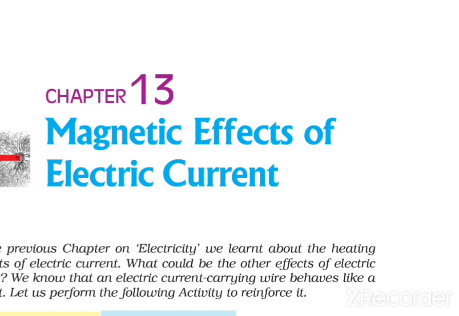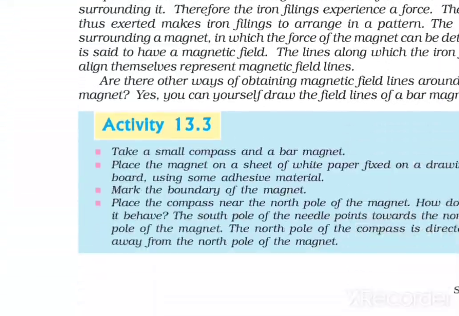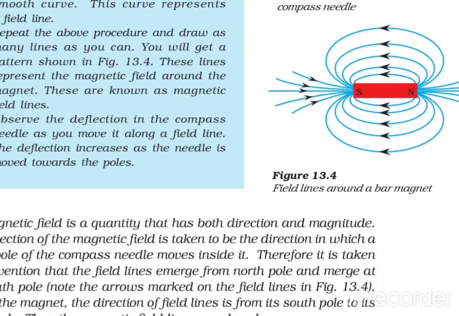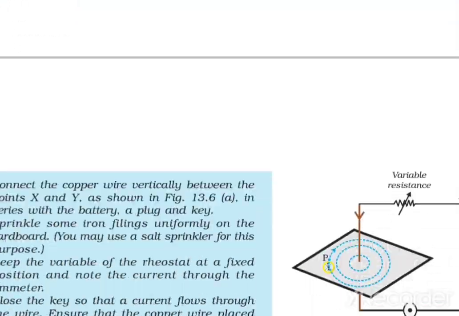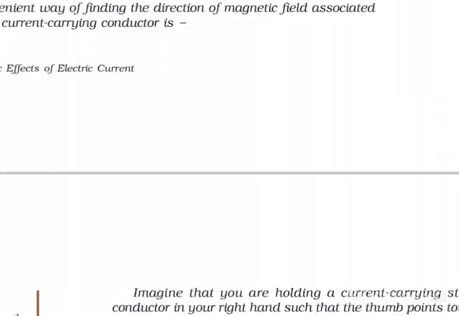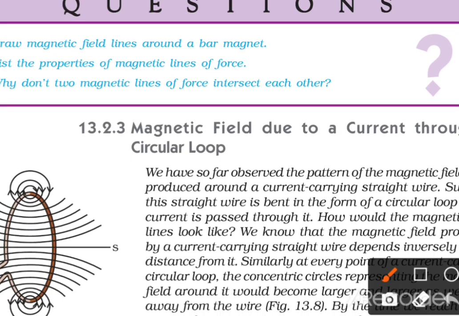Take your science book and open chapter number 13, magnetic effects of electric current, and turn the page. See 13.2.3, magnetic field due to a current through a circular loop.